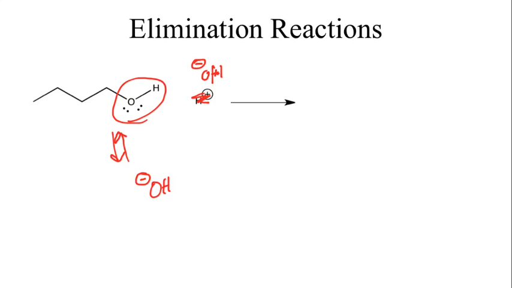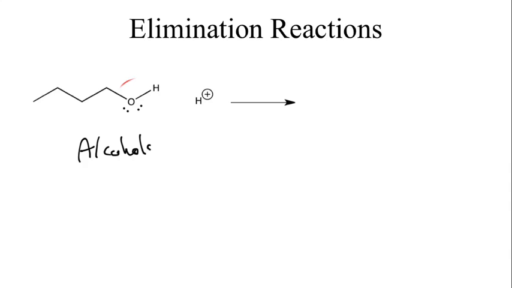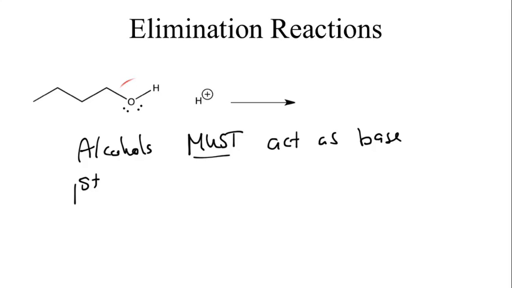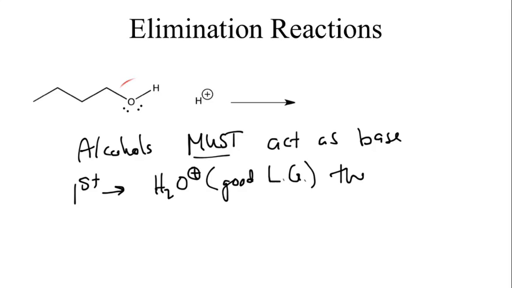So for elimination reactions, because I don't think I've got this on a slide, I'll have to write it out. For elimination reactions, alcohols must act as a base first, which means that they become H2O+, which is a good leaving group, and then we can eliminate.